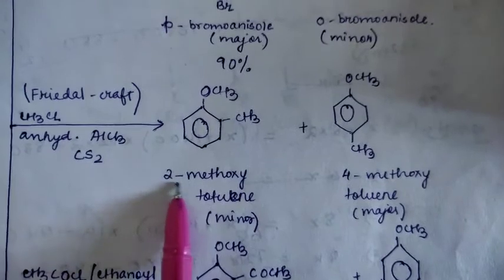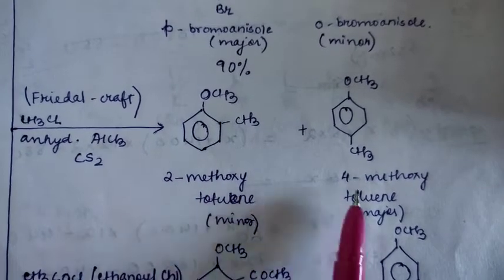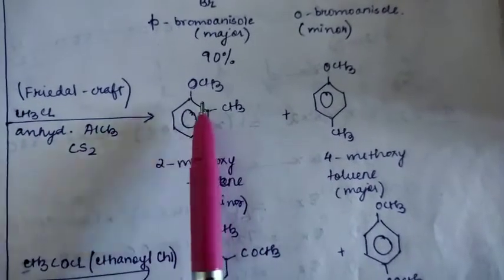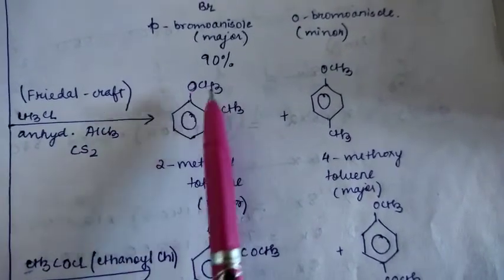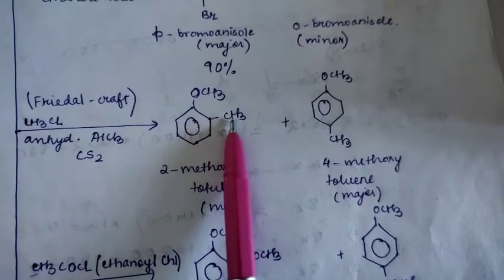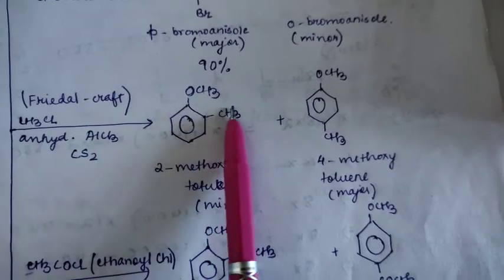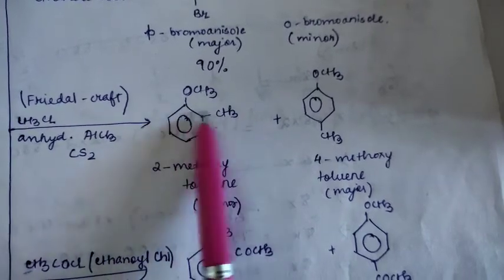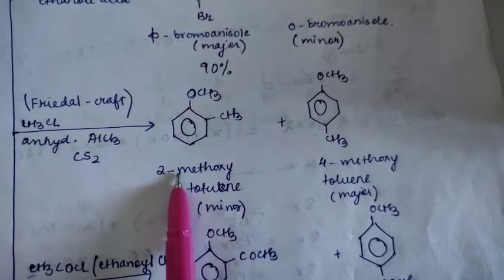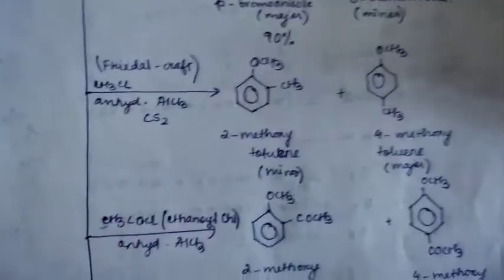But here the name will be 2-methoxytoluene, and here it will be 4-methoxytoluene. So this is toluene. Forget OCH3. If a benzene ring is there, along with it one CH3 attached in place of hydrogen, only this part of the compound is known as toluene, and this is the methoxy part, so it is called 2-methoxytoluene.